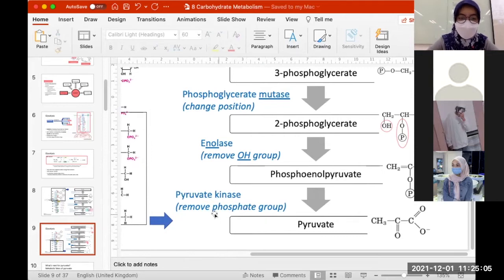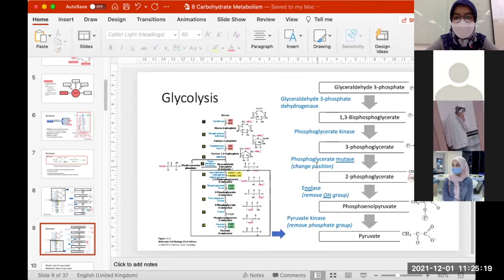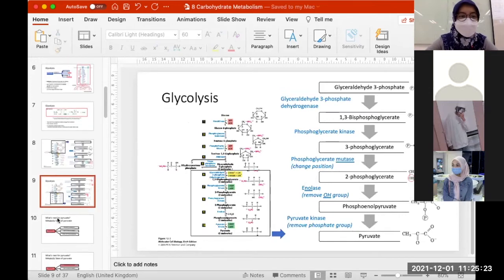And finally, a kinase will remove this phosphate group and form pyruvate. So this is the structure of pyruvate. Later on, take your time to memorize these steps and try to understand it with the aid of the structure changes.